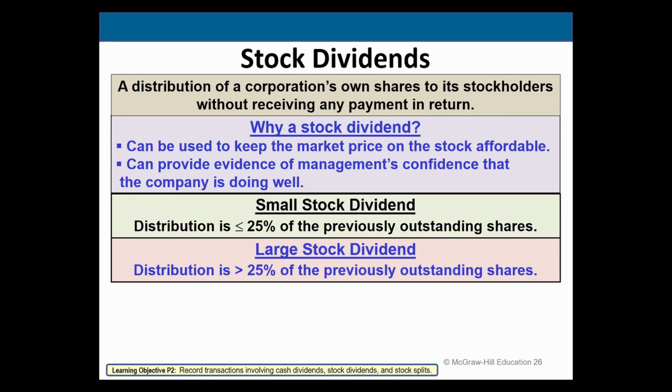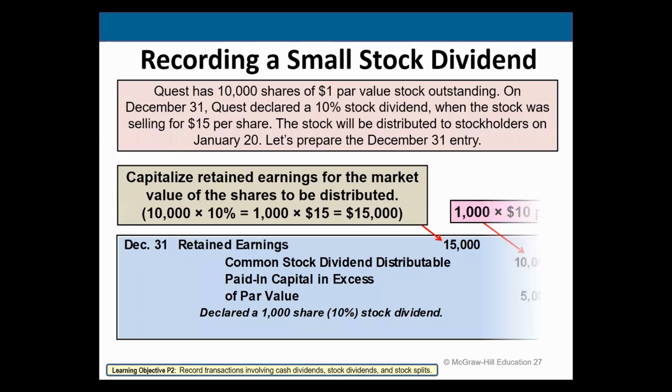A large stock dividend is a distribution of more than 25% of previous outstanding shares. A large stock dividend is recorded by capitalizing retained earnings for the minimum amount required by state law governing the corporation. Most states require capitalizing retained earnings equal to par or stated value of the stock.